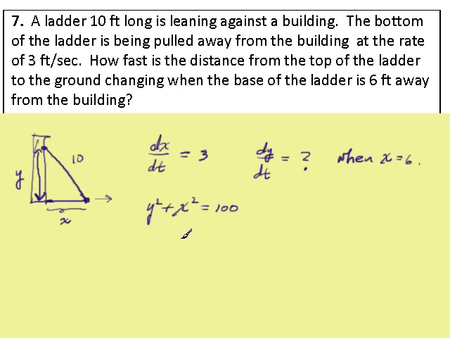Now we only have 2 variables, so we don't have the eliminate step. We're going to go straight to the differentiate step. That'll give us an equation that contains dx/dt and dy/dt, which is what we want. So we have 2y dy/dt plus 2x dx/dt is equal to 0 for the derivative of the constant 100.